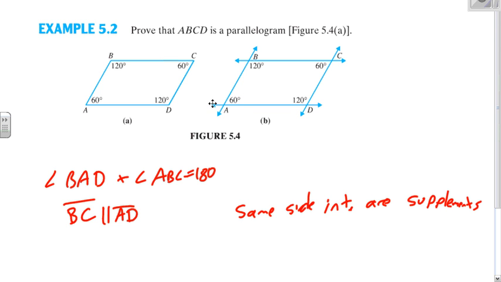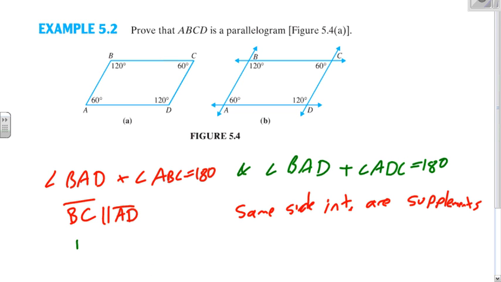We could do the same thing down here. Angle BAD plus angle ADC, those are supplementary, they add to 180.